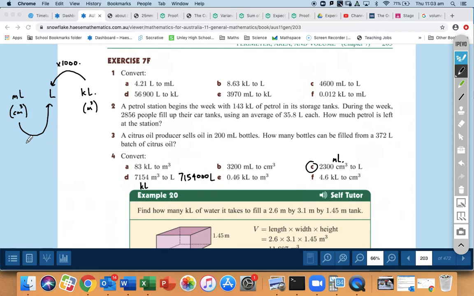We would have to divide by 1,000 to do that. You can refer to the diagrams in the book or on your formula sheets for this. So the answer here would be this number, 2,300 divided by 1,000 is 2.3 litres.